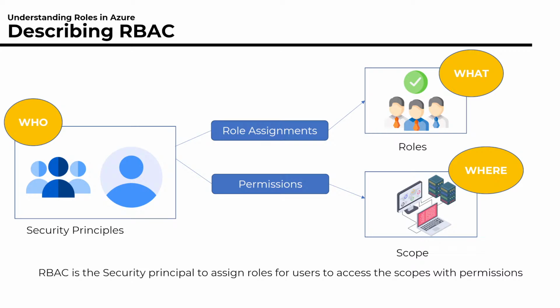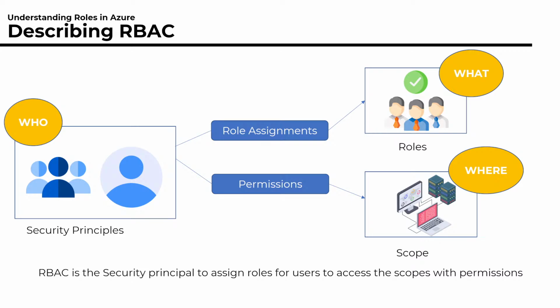And next we have the where. Where in the sense of to which resource or instance we are providing the access, at which scope level. It can be at the management group level, the tenant level, the subscription level, the resource group, and the resources level as well. But if we provide the access at the management group level, the same access privileges will flow down the hierarchy that we have.